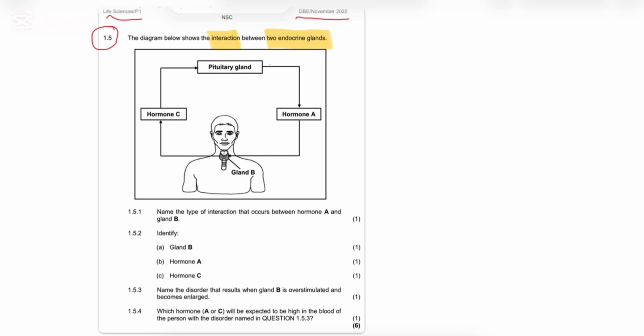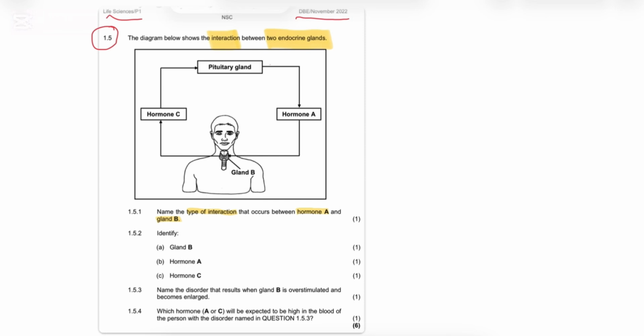So if you look at question 1.5, you see that it is asking for the type of interaction, right? And this type of interaction is between hormone A and gland B. So now, we go back to our diagram. We look at it carefully.